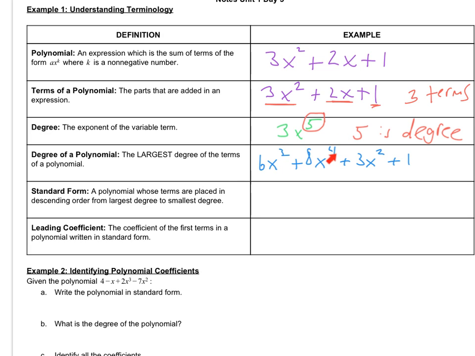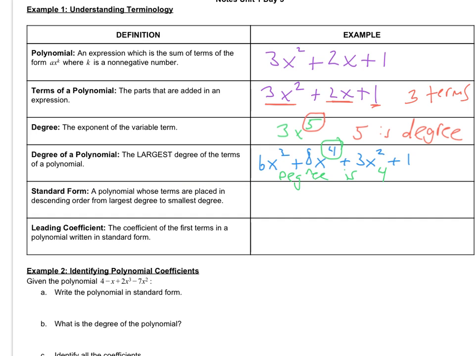So I have a 3, a 4, a 2, and since the last term doesn't have an x, it has a 0. So the degree of my polynomial would be the biggest one, which is the 4. So I would say the degree is 4.